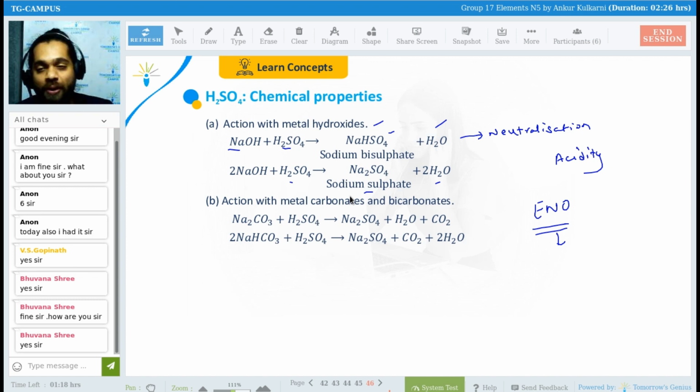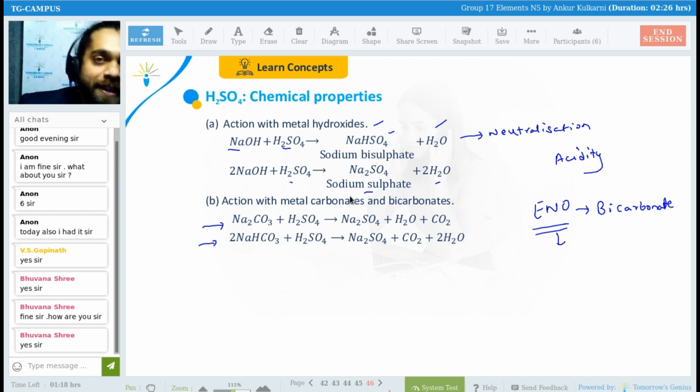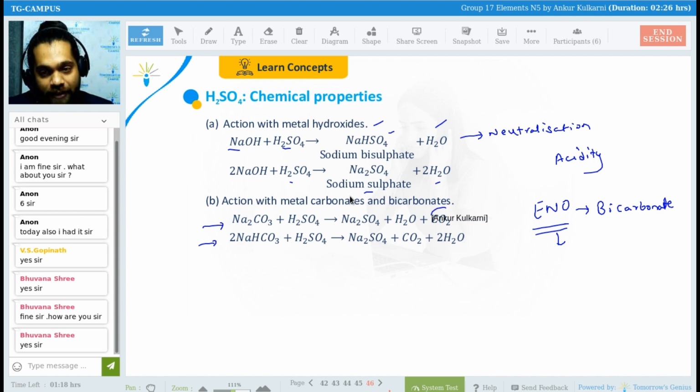See, in your ENO, you have carbonates and bicarbonates. Now look at this reaction. Sodium carbonate, sodium bicarbonate. Obviously it is due to the reaction happening in the stomach, but who is responsible out of that reaction? See, this gas.